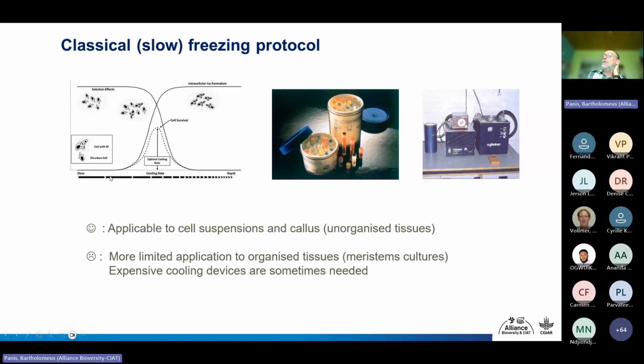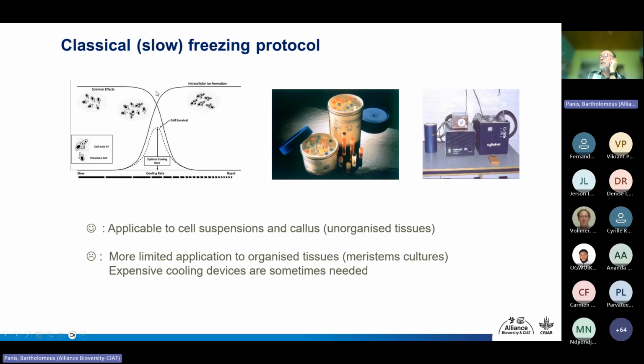And so then you need to cool down. And what is important in this cooling process is that you apply a cooling rate that is not too fast, because too fast will result in too little dehydration, or not too slow, where it will result in too much dehydration. And both of these things can be damaging.